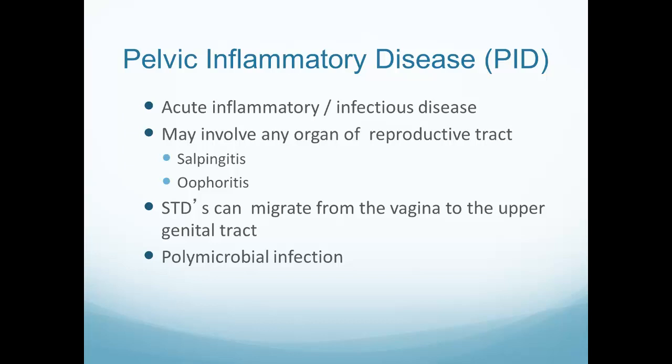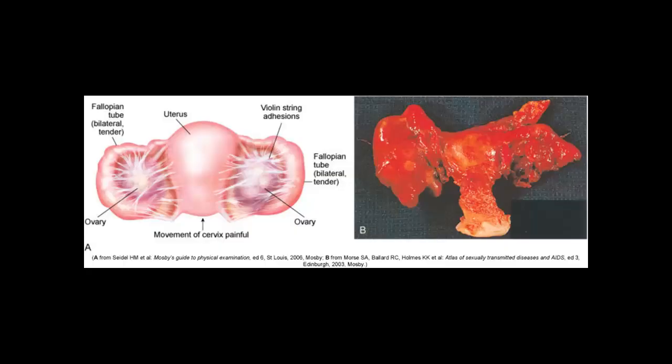Oftentimes this can be more than one type of microbe that's causing the infection, and oftentimes patients who have sexually transmitted diseases have more than one type of disease at a time. But what happens is it's going to cause some severe dysfunction of the reproductive tract here.